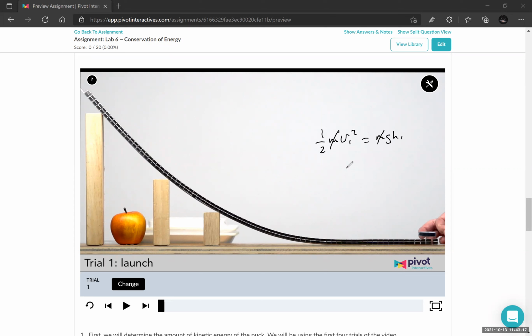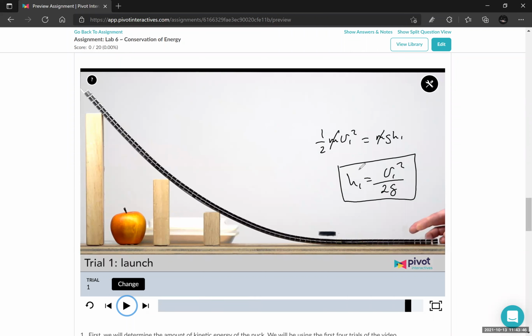And the idea here is that if I know the speed, then I can predict the height, because looking at this equation, h1 equals v1 squared over 2g. That means this is the equation for predicting the height. Again, it's going to be already plugged into the table, but this particular video allows you to see only the launch part.